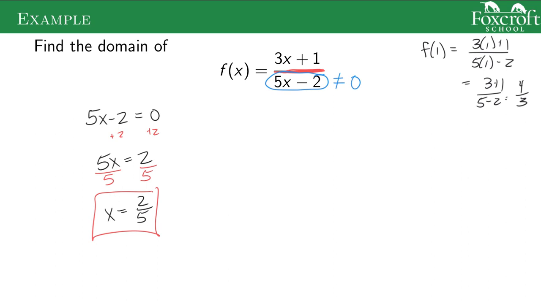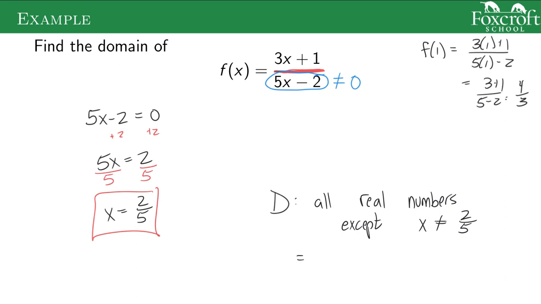So when I go to say my domain, you could write it out in words, all real numbers, because I can plug in anything except x cannot be 2 over 5. So everything else works, but 2 over 5 is the one bad number. That's the easiest way to do it. So you can plug in anything except x can't be 2 over 5.